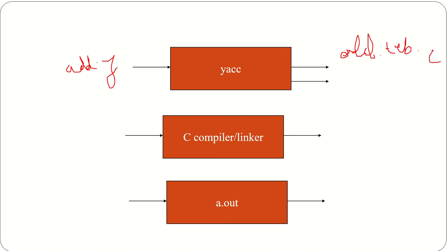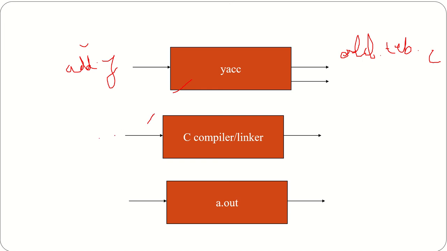Now, if you want to use this Yacc along with Lex, it will also generate add.tab.h. So at the output of this Yacc command, you can find add.tab.c, a C program generated. You can give this as input to the C compiler.